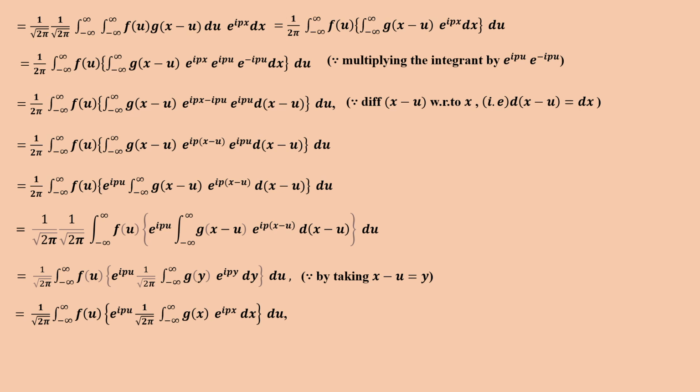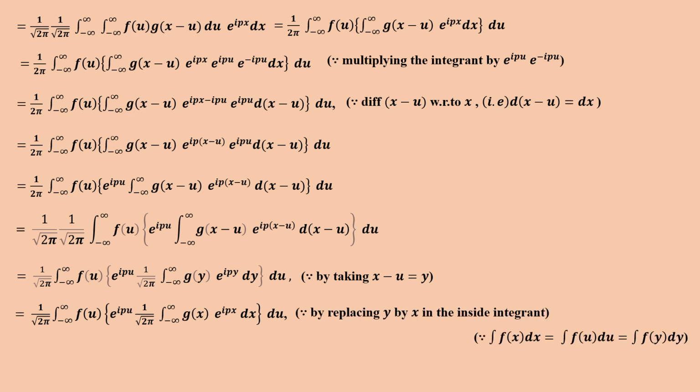We know integral f of t is equal to integral f of x, which is equal to integral f of y. So whatever it is, you can change the variable, the value of the integral will not change, right. So using that idea, integral from minus infinity to plus infinity, instead of y I am putting the variable x, g of x e power ipx dx. That is equal to 1 by root 2 pi integral from minus infinity to plus infinity f of u e power ipu.